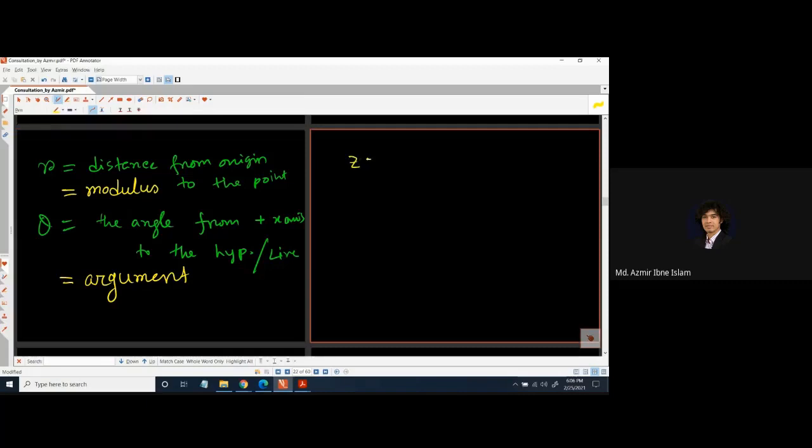So if we have z equal to x plus yi, and if anyhow we can convert x plus yi to r e to the power i theta, then this r is called the modulus and theta is called the argument.